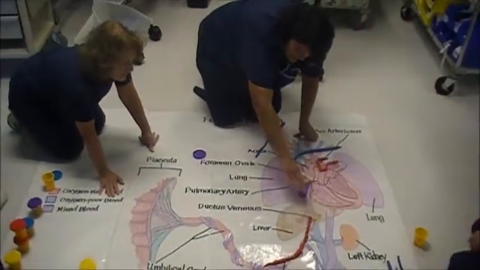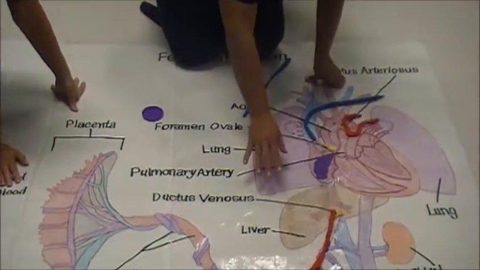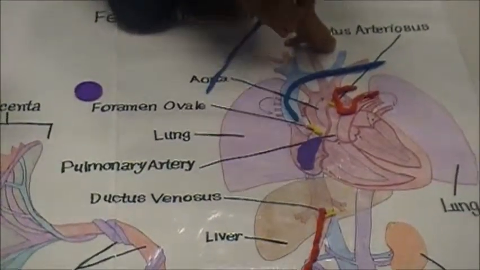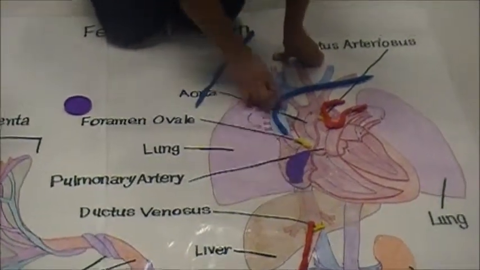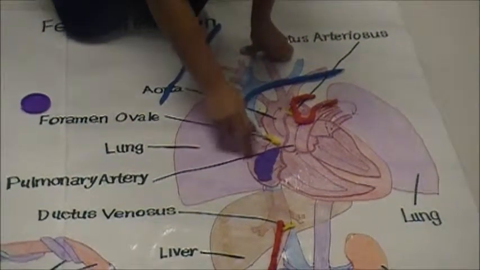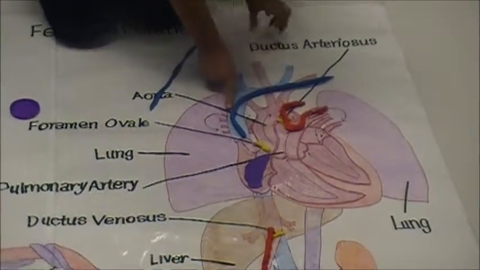One that bypasses the liver, and it is the ductus venosus. Very good. And then it goes into the inferior vena cava, into the right atrium, where it mixes with blood from the superior vena cava.